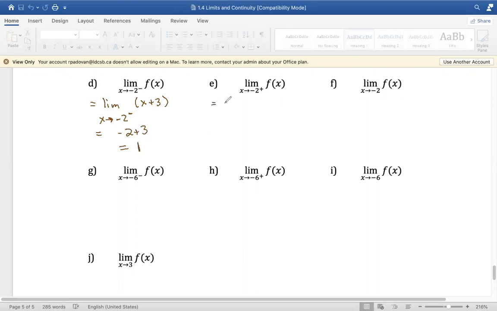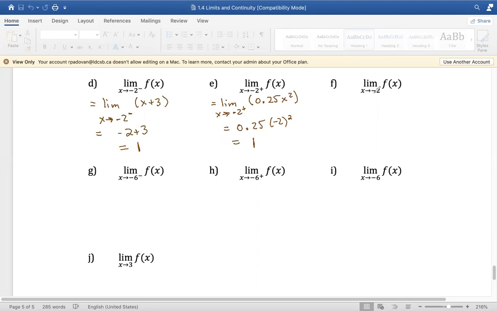When I'm looking at the limit as x is approaching negative 2 from the right-hand side, I am using the expression of 1/4 x squared. Then I sub in my x value of negative 2 and square that. BEDMAS, negative 2 squared is 4. 4 multiplied by 1/4 would be 1. So I do get the same values.